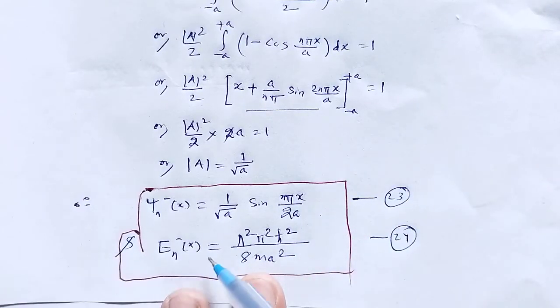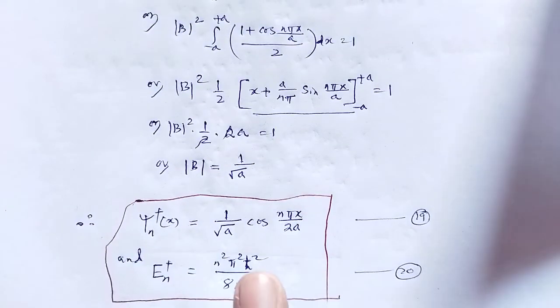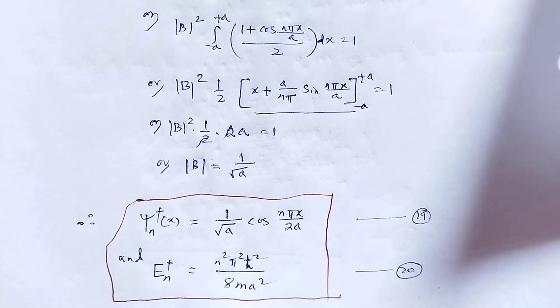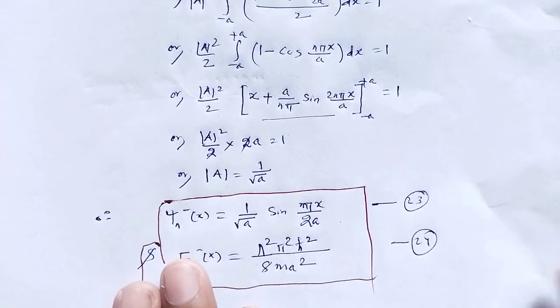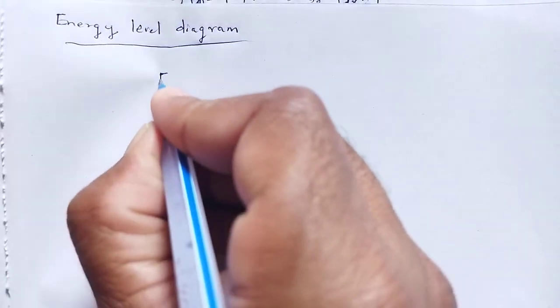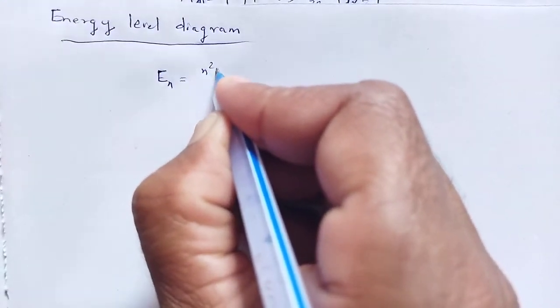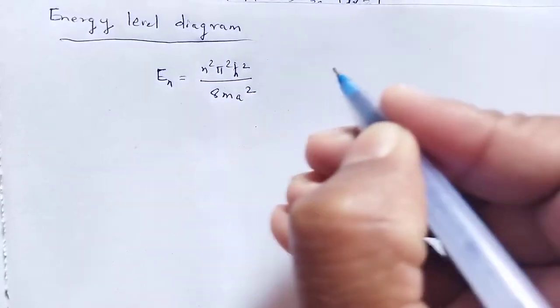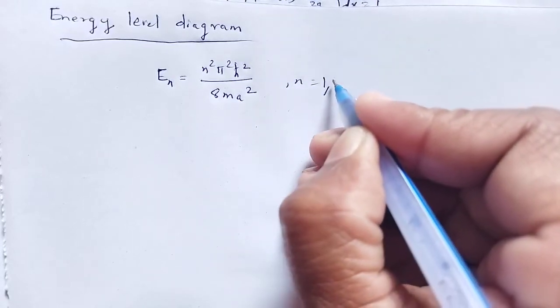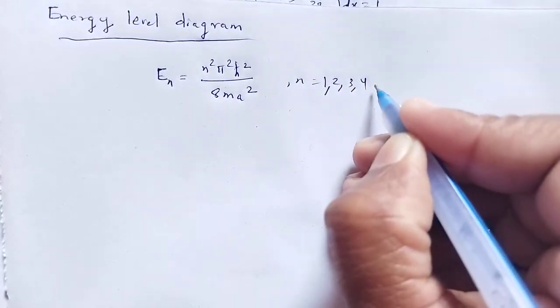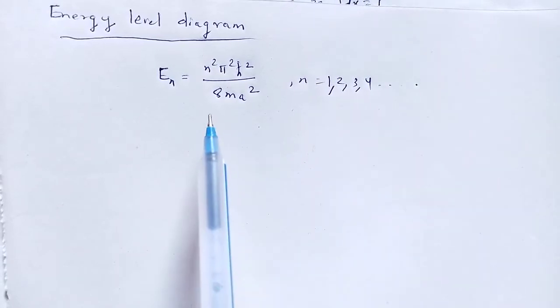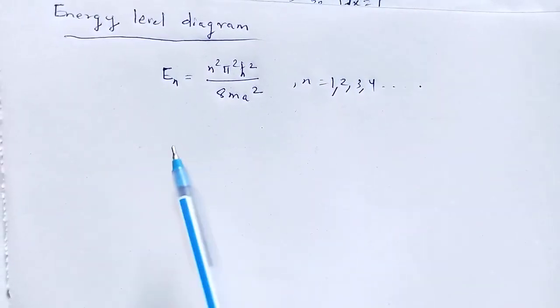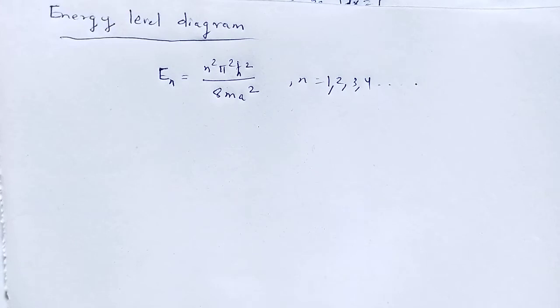The energy term is n square pi square h cross square divided by 8 m a square, and here also the energy term is n square pi square h cross square divided by 8 m a square. Combining these two energy equations, we get En equal to n square pi square h cross square divided by 8 m a square, where n stands for 1, 2, 3, 4 and so on.